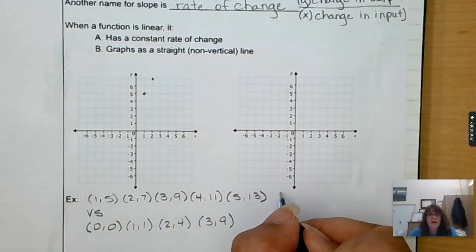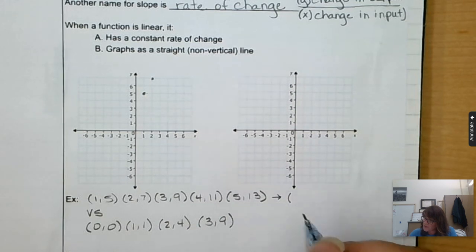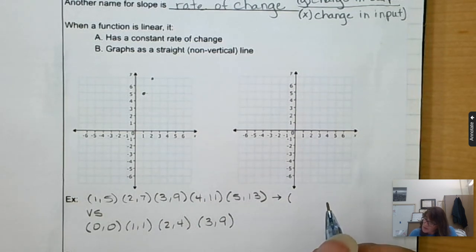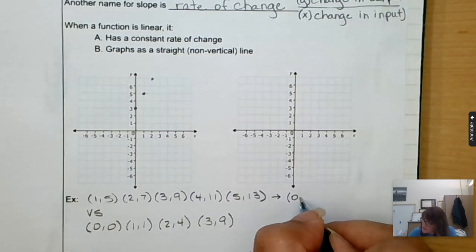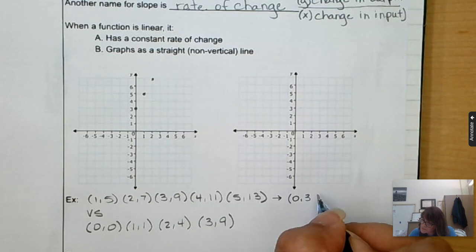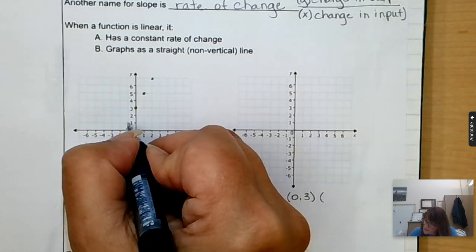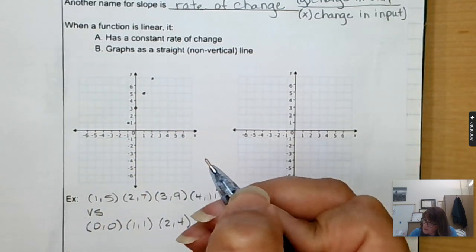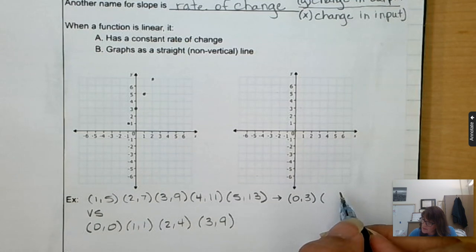So I'm going to add in a couple numbers over here just because some of them fell off of our graph. I'm also going to do 0, 3, okay, and negative 1, 1.